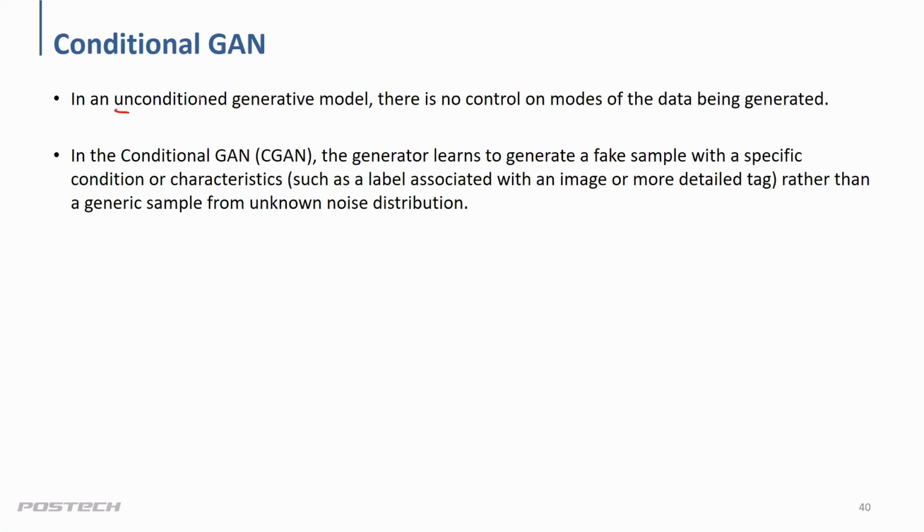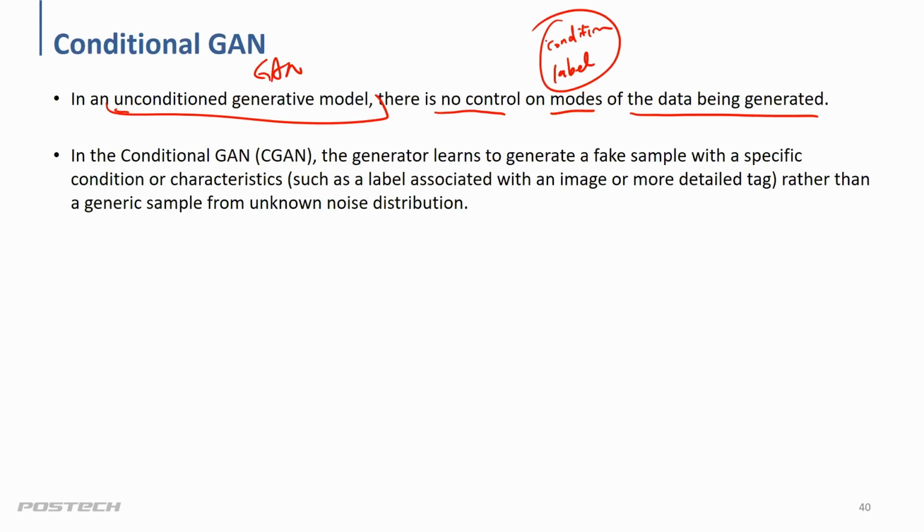Unconditioned, these are the GANs that we just studied. There is no control on the data being generated. You can think of mode or label or conditions; we don't have any control on that.